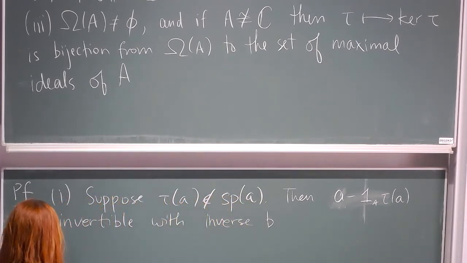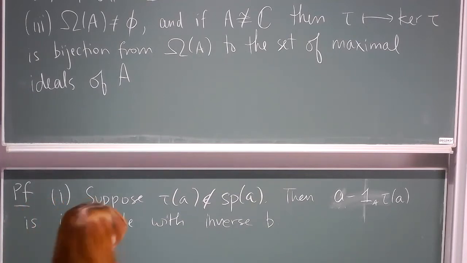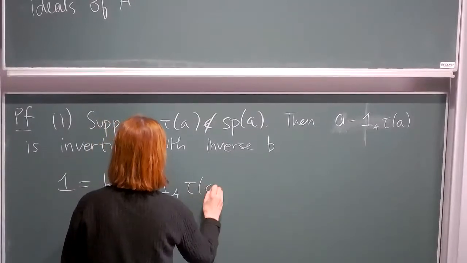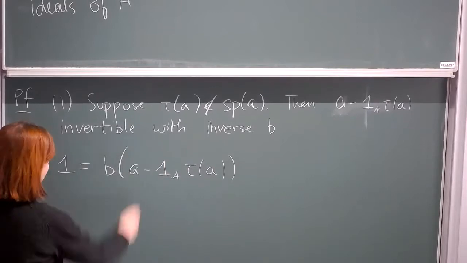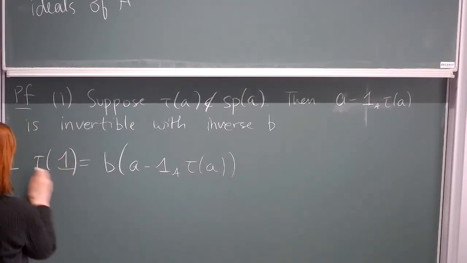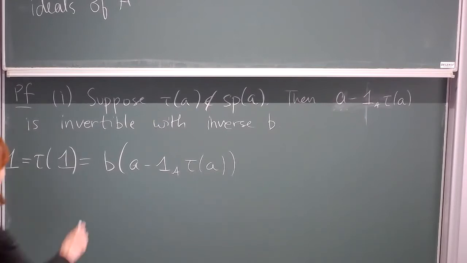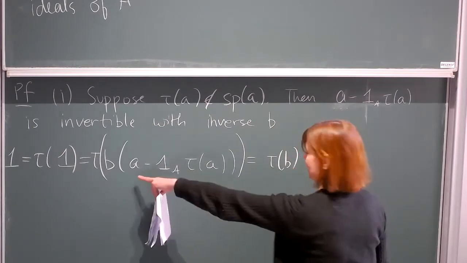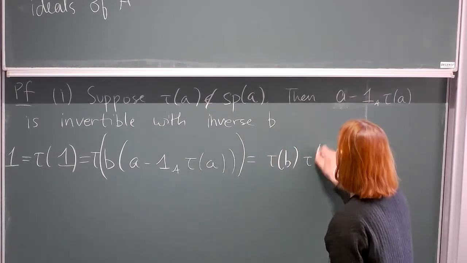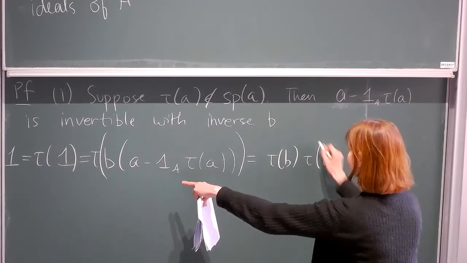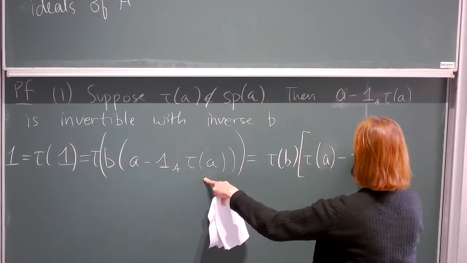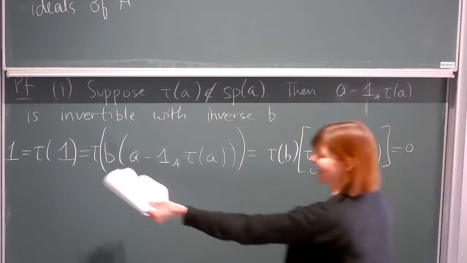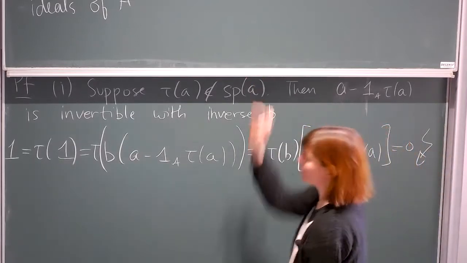Okay, so that's the definition of the inverse. And now we want to apply the character to this. It's an algebra homomorphism, which means if we apply tau at 1, we get 1. And again, it's a homomorphism, so we just get tau of b and then tau of this thing. Expanding this out, but of course, this here is 0. And 1 can't be equal to 0, so that's a contradiction. So we've proved 1.